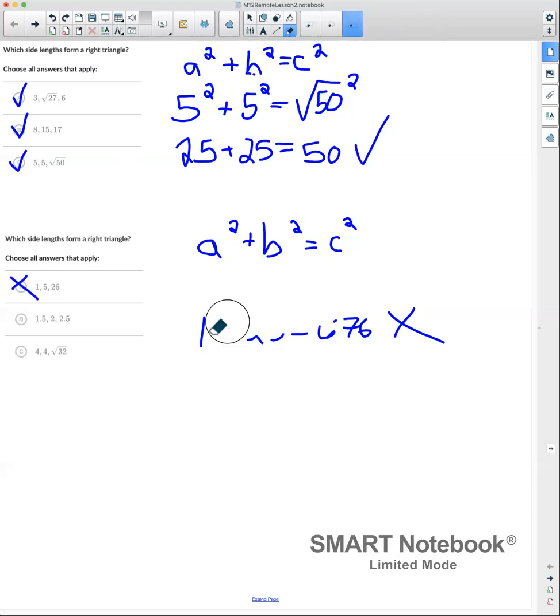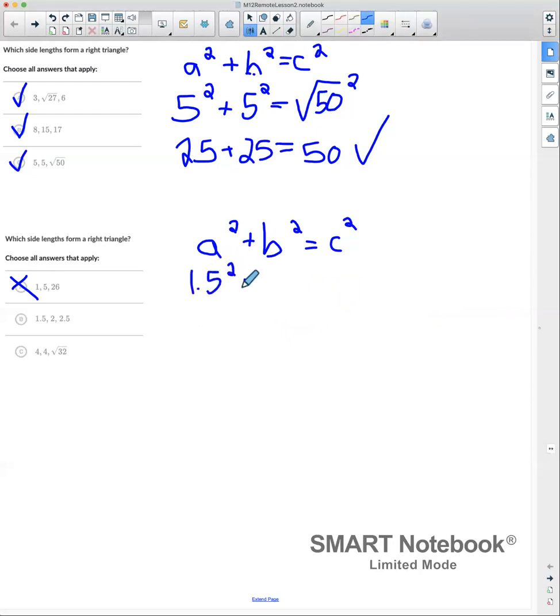Okay, let's try the second value. 1.5 squared plus 2 squared is equal to 2.5 squared. This ends up becoming 6.25. Oh, this one's squared, and that's equal to 6.25. Yep, so that's good.